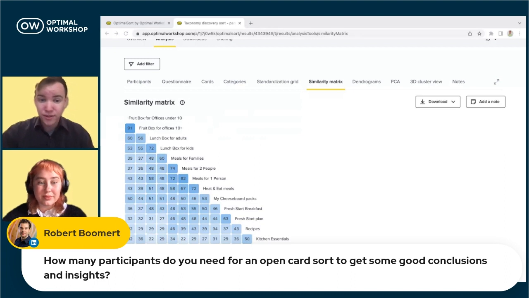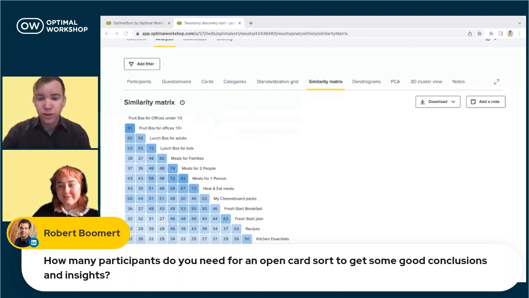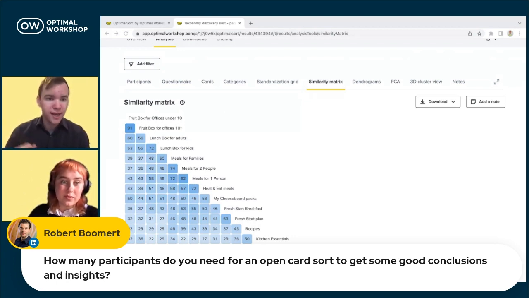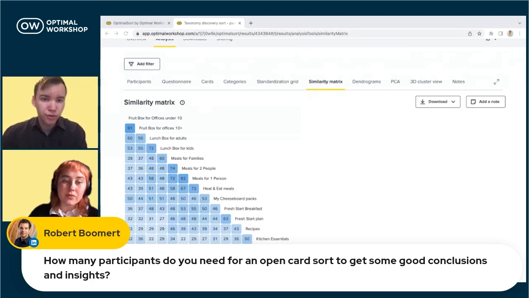How many participants do you need for an open card sort to get some good conclusions and insights? That's a great question. Essentially, we recommend having 30 as the baseline, 30 or more. 30 is where you start to see some of those robust trends show through.